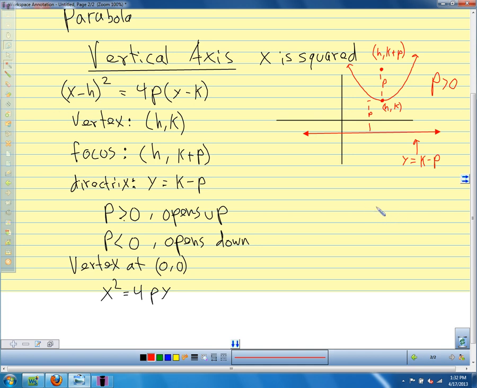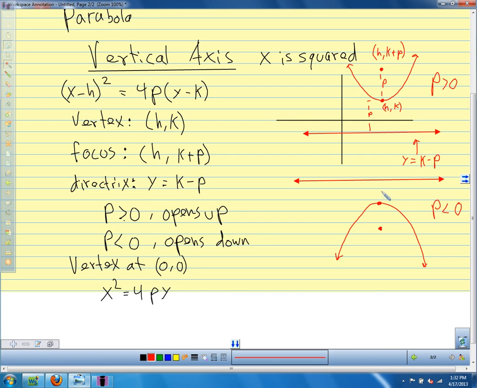I'm just going to draw the parabola here, and we'll draw in the focus and the directrix. So p is less than 0, our parabola opens down. Our focus is always inside the parabola, and our directrix is going to be up here.